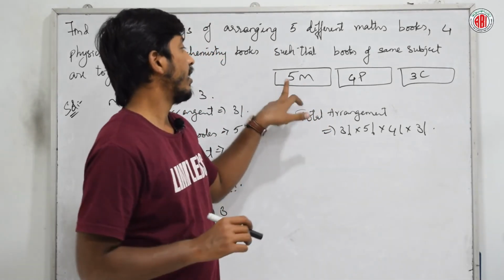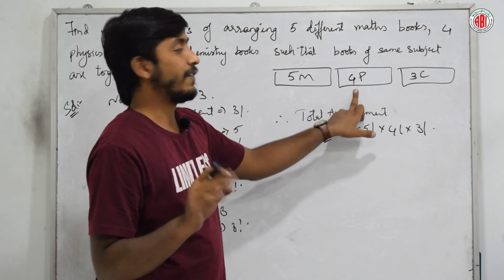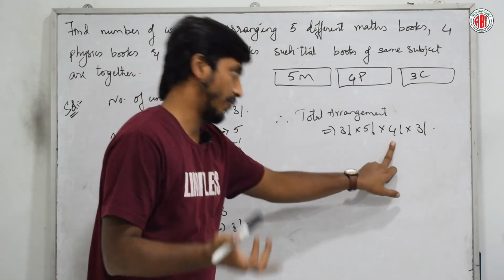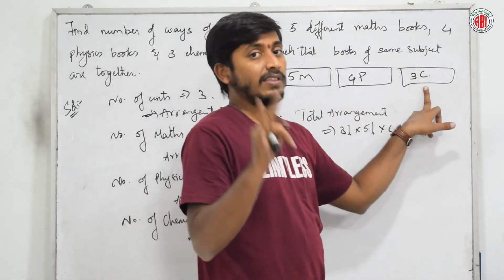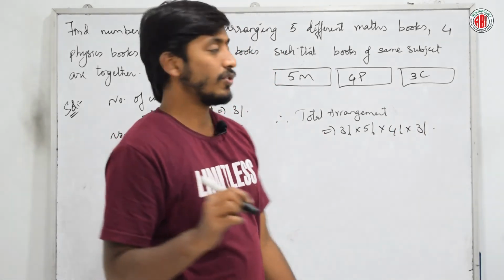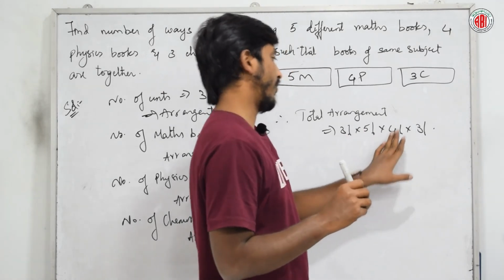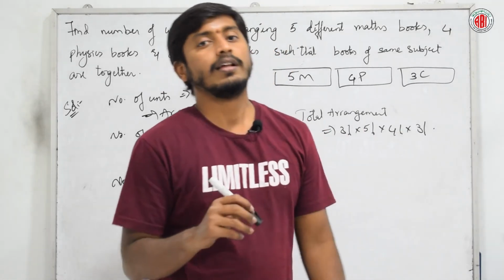Inside each unit, maths 5 books, we can arrange them as 5 factorial. Physics 4 books, we can arrange them as 4 factorial. Chemistry, we have 3 books, we can arrange them as 3 factorial. Is it right? So the total answer will be 3 factorial, 5 factorial, 4 factorial and 3 factorial.